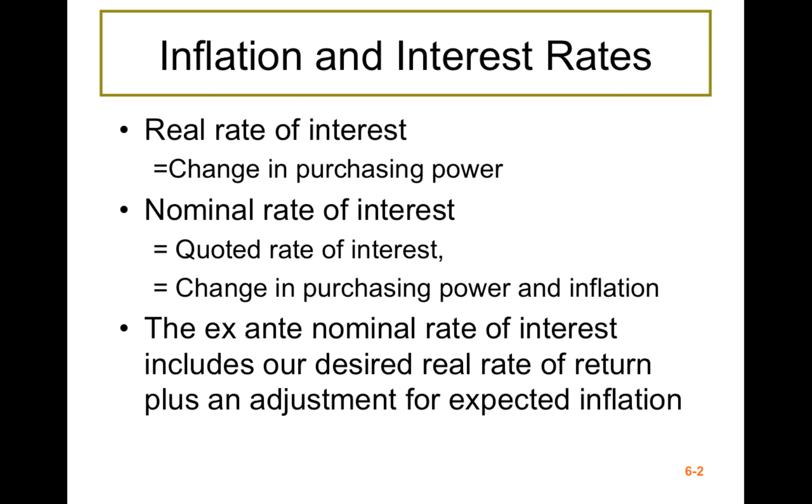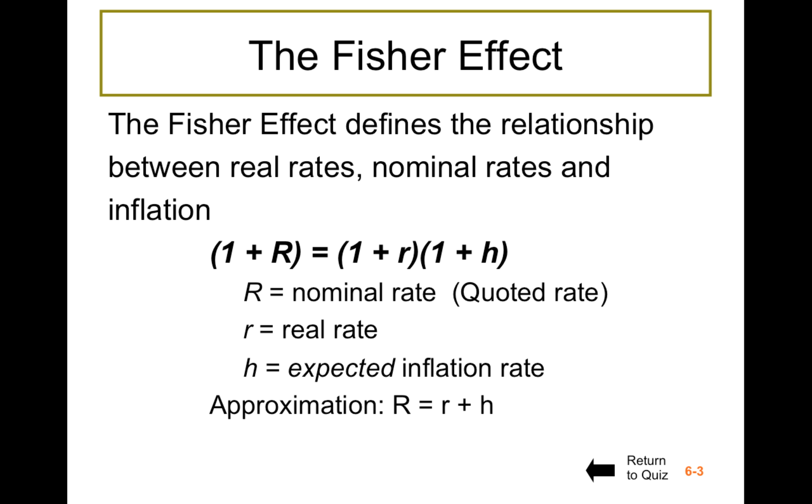So the ex-ante nominal rate of interest includes our desired real rate of return plus an adjustment for expected inflation. There's this Fisher effect, named for a famous economist. The Fisher effect defines the relationship between real rates, nominal rates, and inflation. As you can see here, we have this equation, which is 1 plus capital R, the nominal rate, equals 1 plus lowercase r, the real rate, multiplied by 1 plus h, the expected rate of inflation.